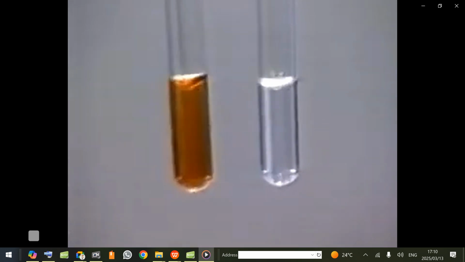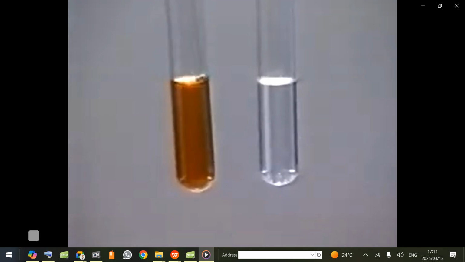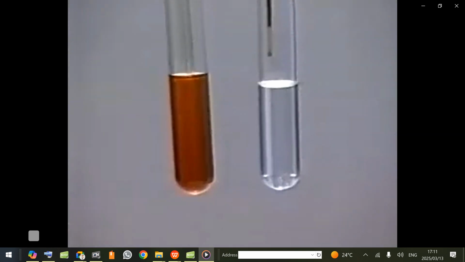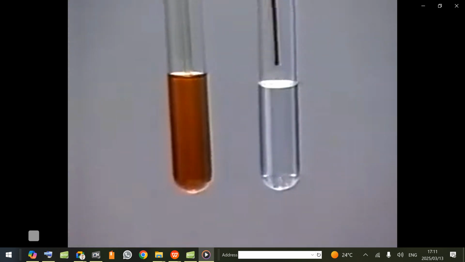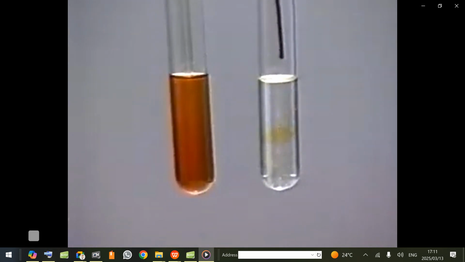But if I take the same bromine water and pour it in the second test tube, you can see what's happening. It's decolorized immediately. That is unsaturated.